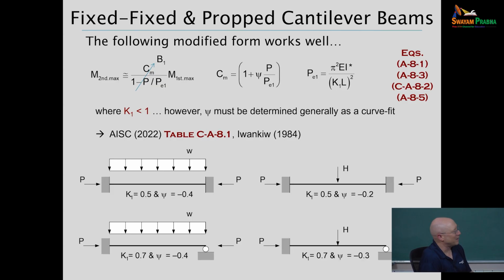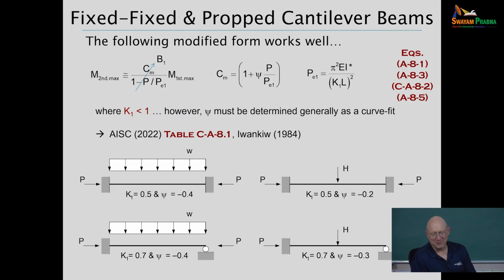Your non-sway effective length factor for perfect fixity at the ends is 0.5, and you get a psi of minus 0.4 for the uniform distributed loading. In the other cases I'm showing here, for a propped cantilever, the effective length factor for braced buckling is 0.7.